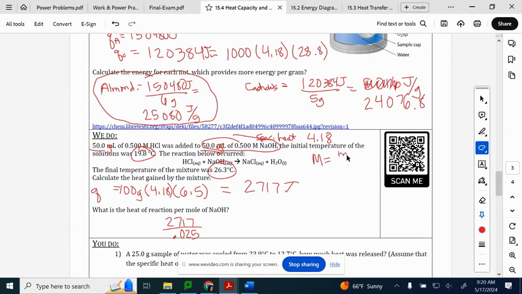Molarity equals moles over liters. So if we're solving for this guy and we know the molarity is 0.5 and we know that this guy in liters is 0.05, I can multiply those together and that's going to give me my mole amount. So that's how I ended up with the 0.025. Let's see if I can calculate correctly here. Okay, that is a big number. So that is 108680, and that would be joules per mole. There you go.